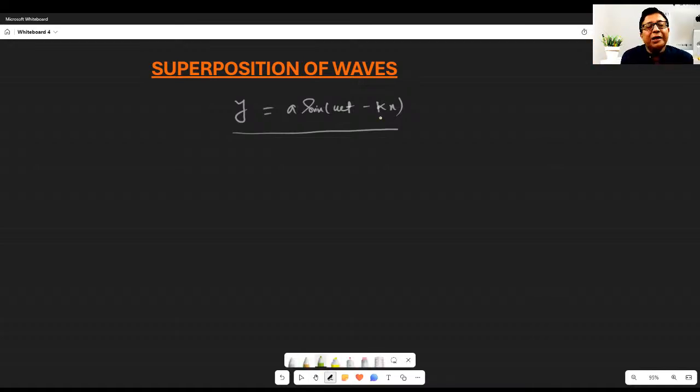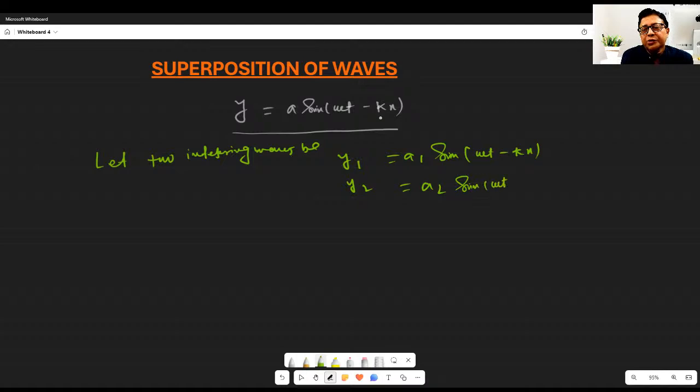So let us assume that two interfering waves be y1 equal to a1 sin(omega t minus kx), and the other one is y2 equal to a2 sin(omega t minus kx plus phi).